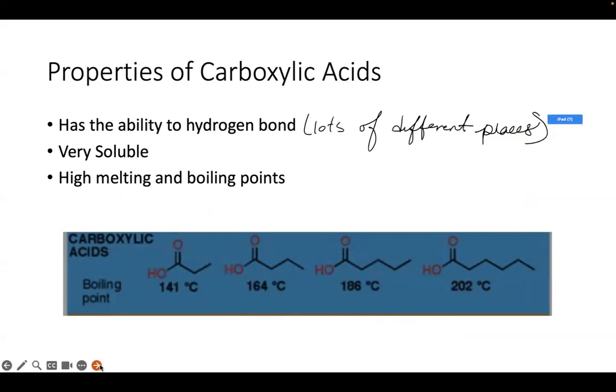I promise that hydrogen bonding is not on the exam, so you don't have to worry about that part. But it's very soluble, and it has a high melting point and high boiling point. Carboxylic acids, potentially, I'd have to double check, but they are the most soluble functional group and have the highest melting and boiling points. Don't quote me on that. If they're not the highest, they're close.